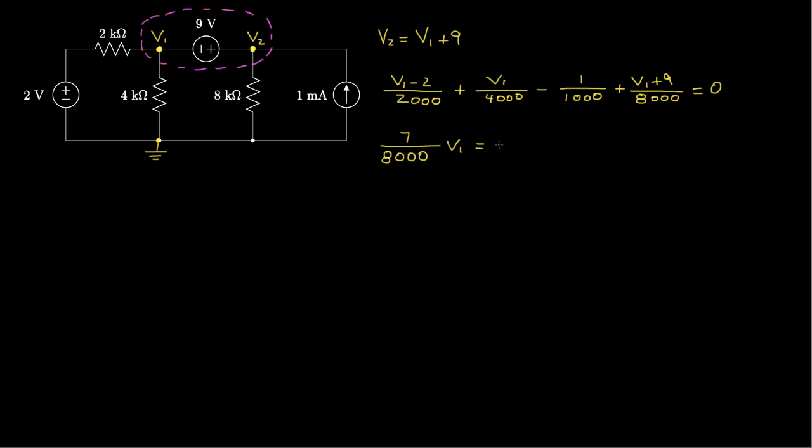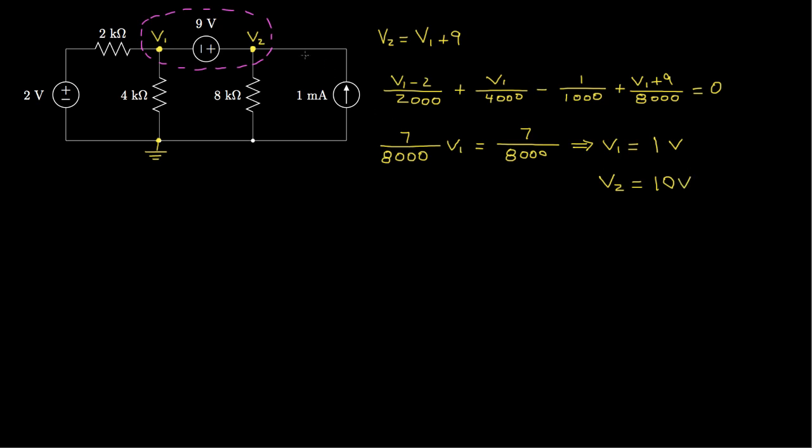If we take it to the other side, that will be 7 over 8,000. And that tells us then that V1 is equal to 1 volt. And then we can go back to this equation and find that V2 is V1 plus 9, or 10 volts.